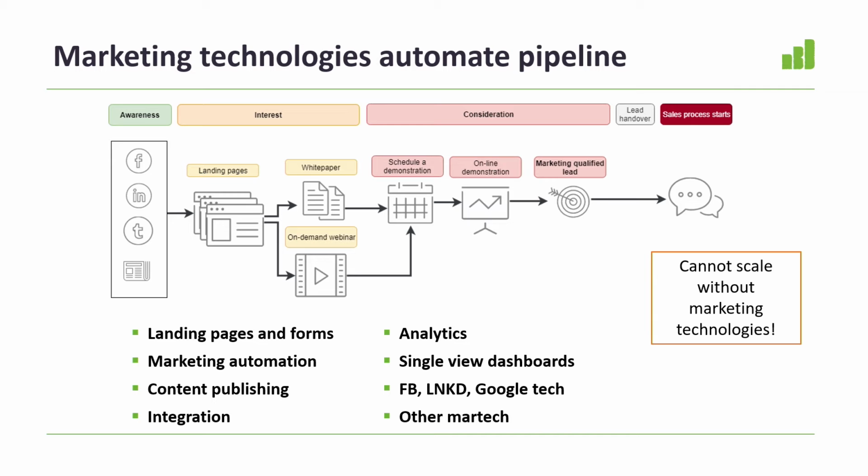If we talk a bit about the marketing stack, companies would first of all need some kind of landing page and form technology. They would need marketing automation and to integrate those technologies together. Then, incredibly important, and we will talk about it in the following slides, are analytics, pipeline view, single-view dashboards, and many other things that help selling.